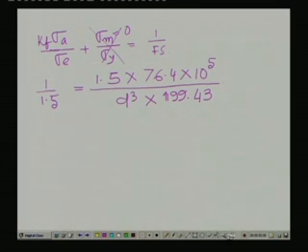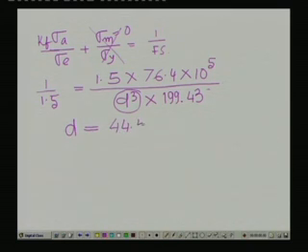Just one second, let me rewrite this neatly. Okay, this was 199.43. Which one is unknown? This parameter is unknown. So, after calculation one can find d to be something around 44.56.